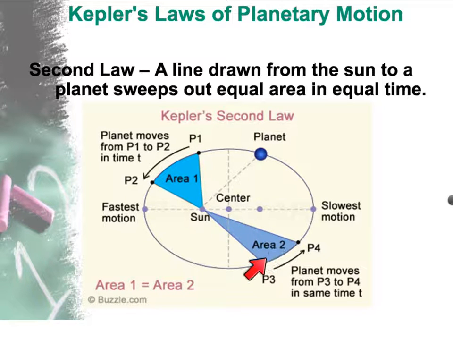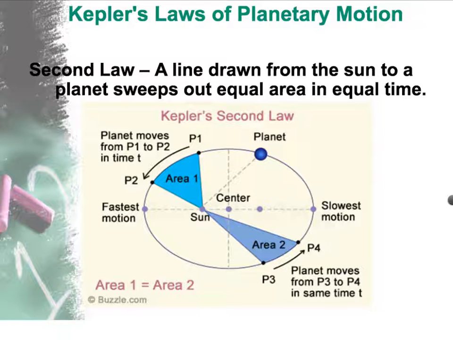It doesn't go as far in the same amount of time over there, but that's because this distance to the planet is so much farther. So the planet experiences its fastest motion when it's closest to the sun, and its slowest motion when it's farthest away. And what we're going to find out in the next lesson is that this is actually a consequence of a law that we are more familiar with.